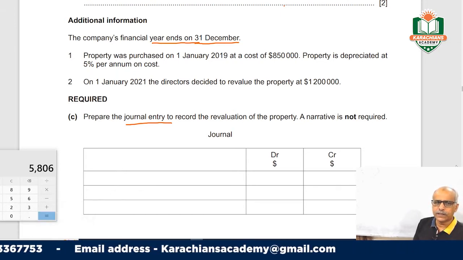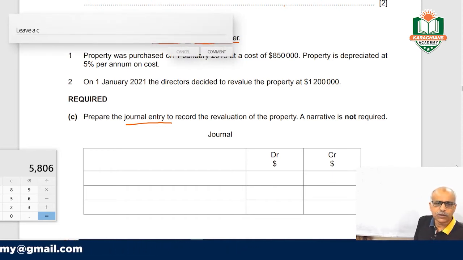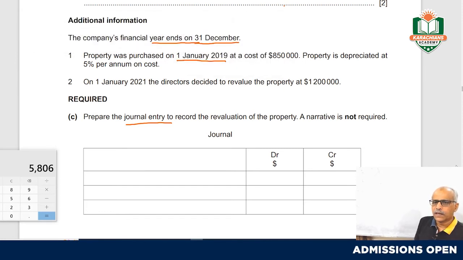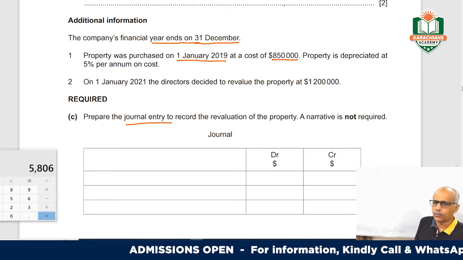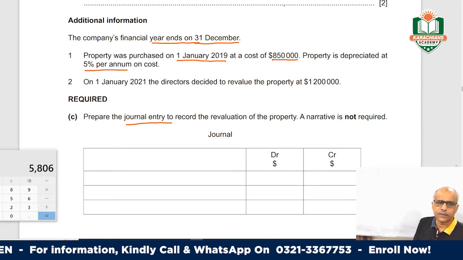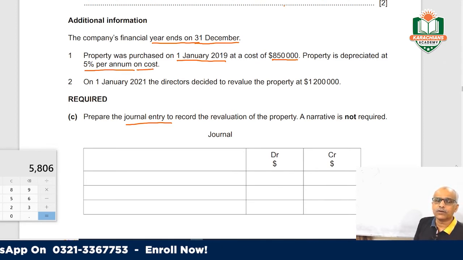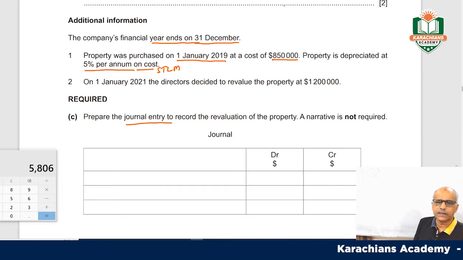The question is: property was purchased on 1st of January 2019, and the cost was $850,000. The property is depreciated at 5% per annum on cost. So it means this is the straight line method, right?